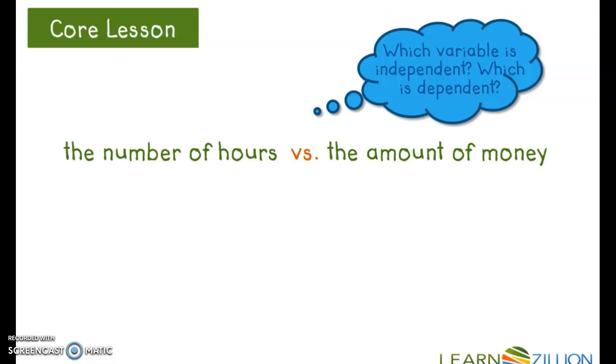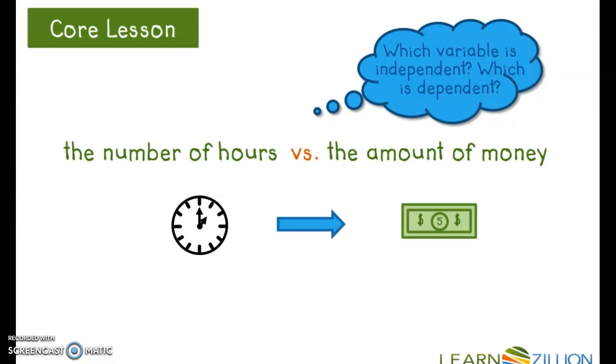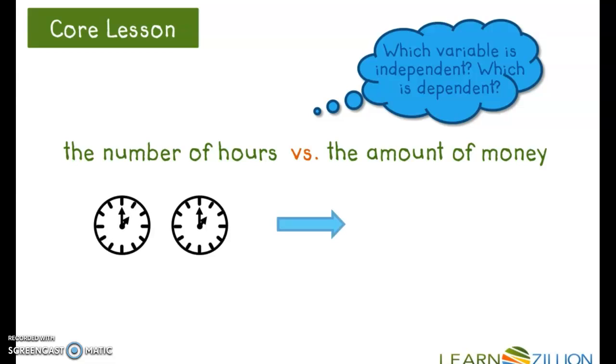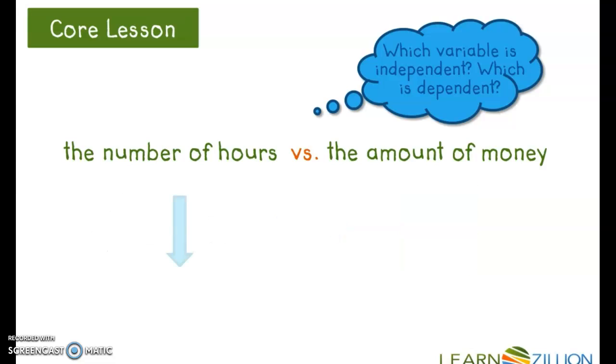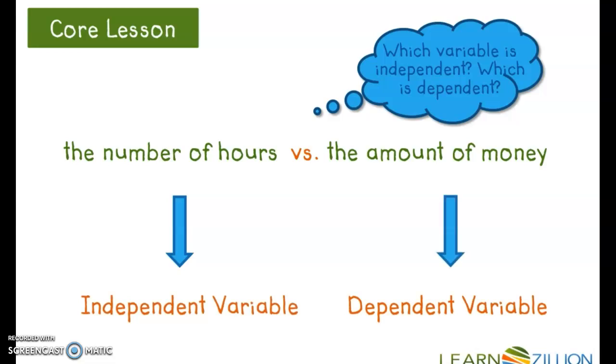So if she's paid $5 per hour, when Deanna works 1 hour, she will earn $5. If Deanna works 2 hours, she will earn another $5. This means that the amount of money Deanna is paid depends on the number of hours she worked, or the more hours she works, the more money she earns. So the amount of hours is independent, and the amount of money earned is dependent.